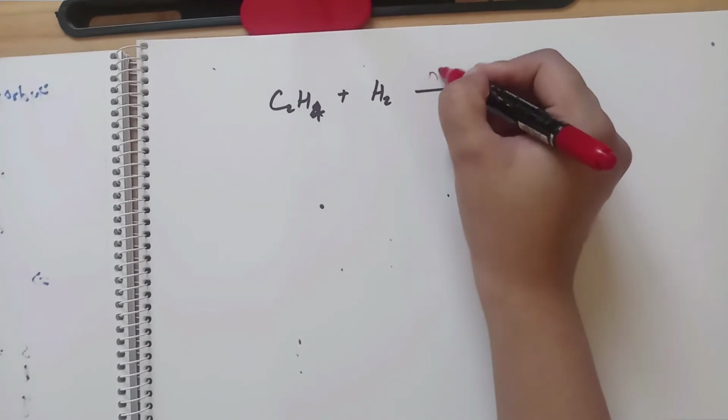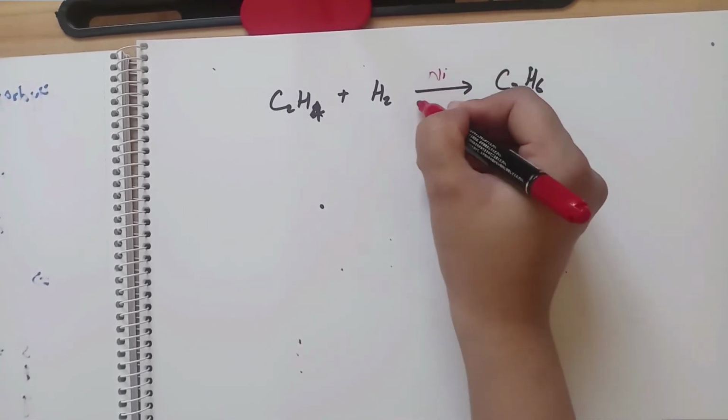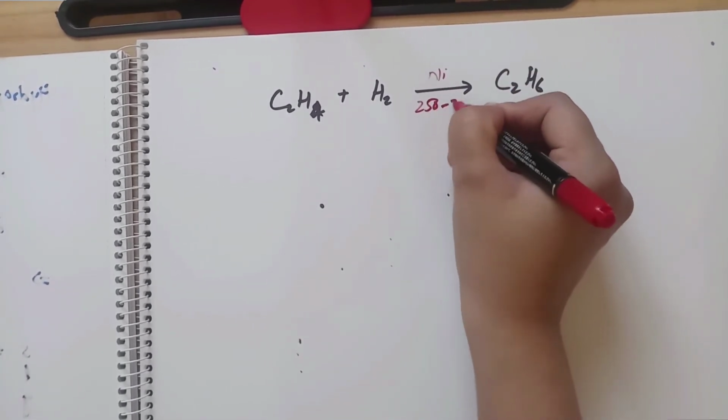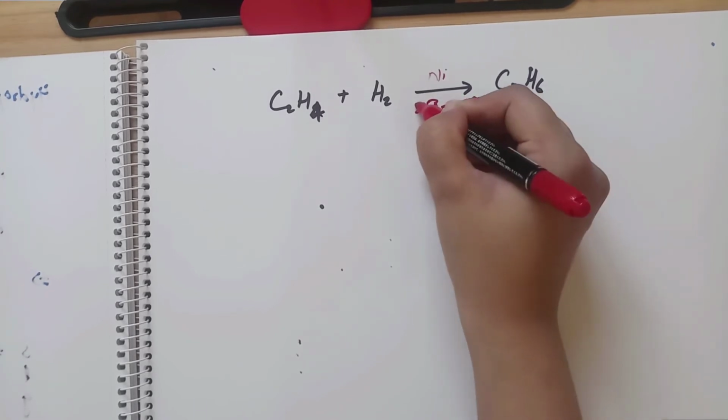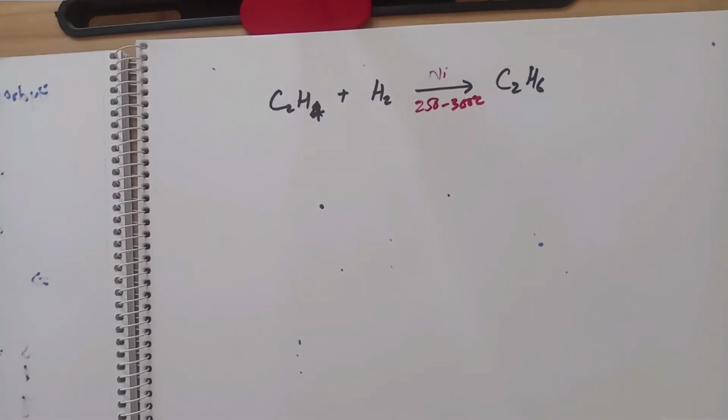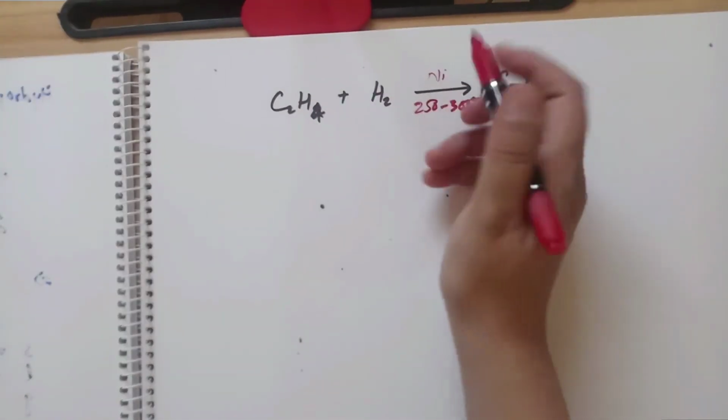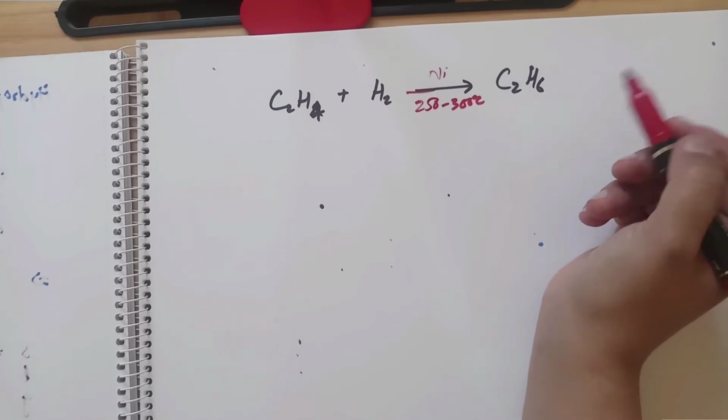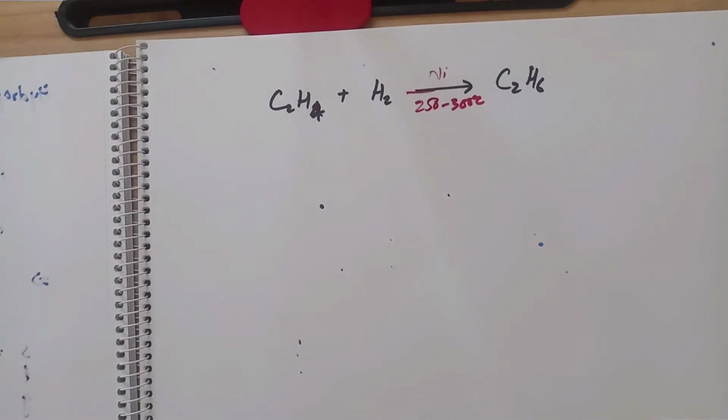We have to add some catalyst here, and the temperature should be 250 to 300 degrees Celsius. So whatever reaction conditions are necessary, we write on the arrow, and the arrow will be drawn in a longer form. Is it clear? So this is all about the chemical reaction.